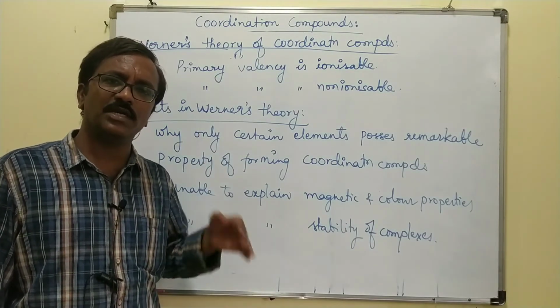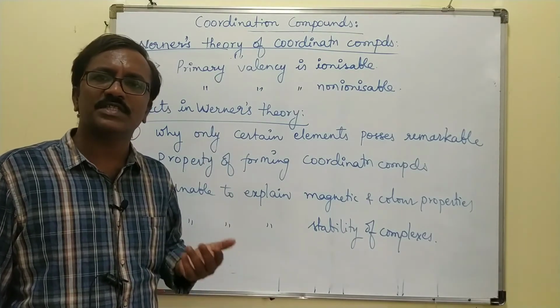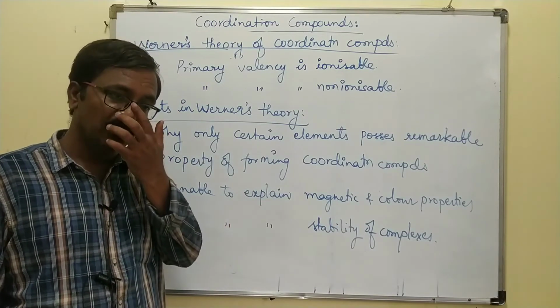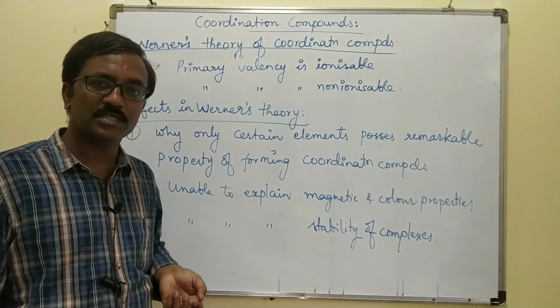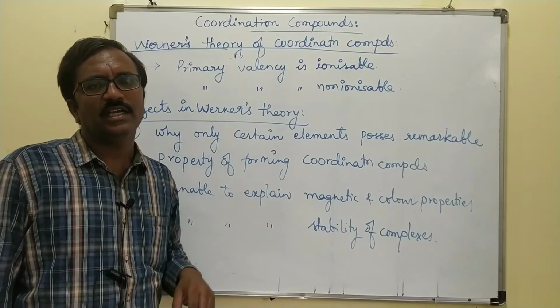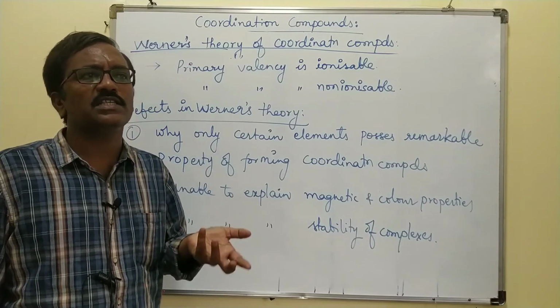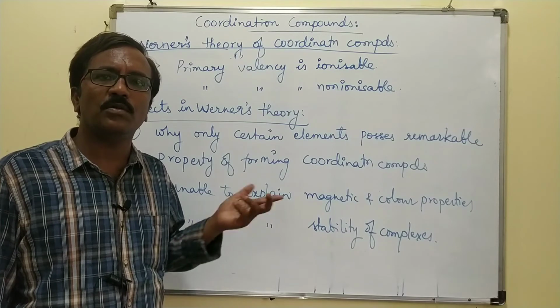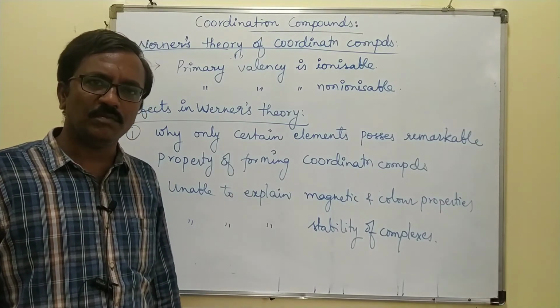There was no instrument, no sophisticated equipment, no such chemicals, even though he performed a lot of research. But at that time, he couldn't explain why only some elements show this remarkable property of forming complex compounds.